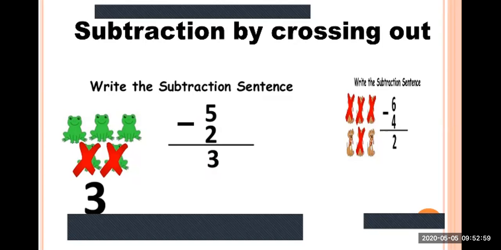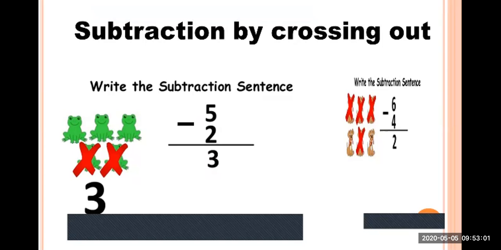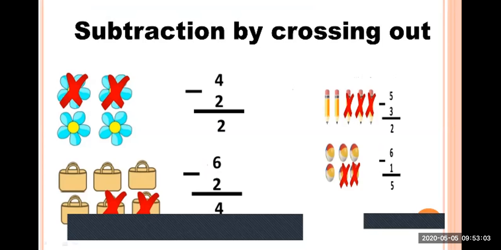So if we move ahead, there are some more examples of crossing out. There were 4 flowers. 2 have been crossed out and 2 are left. So you can see in the picture 2 have been crossed out. So how many are left? Only 2.